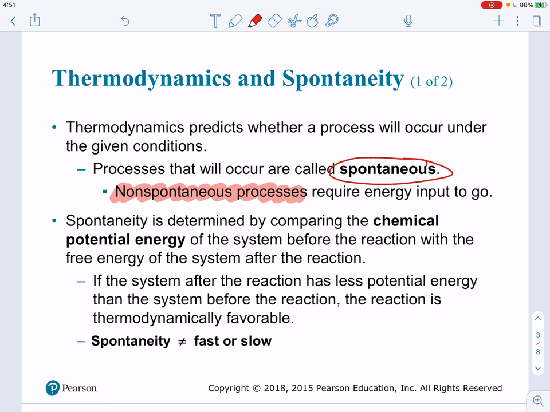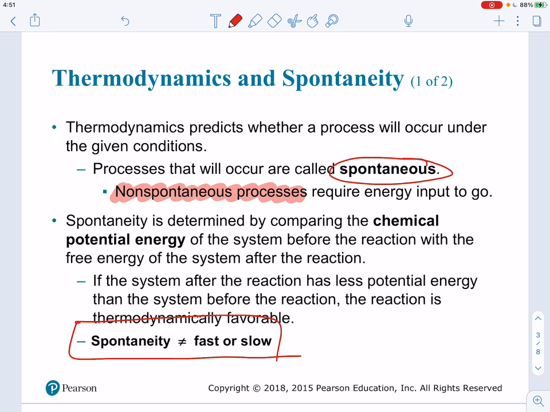Now, spontaneity has absolutely nothing to do with the speed of reaction. This is highlighted here. A reaction could be fast and spontaneous, or a reaction could be fast and non-spontaneous. It doesn't really matter. How fast or how slow the reaction is will depend on the activation energy and temperature, for example.